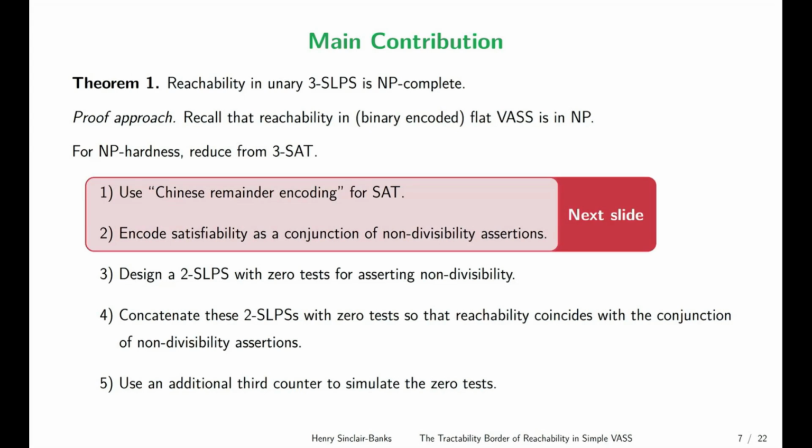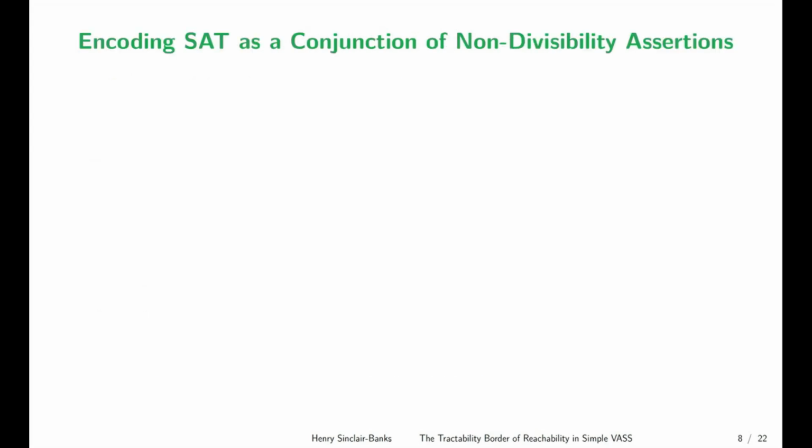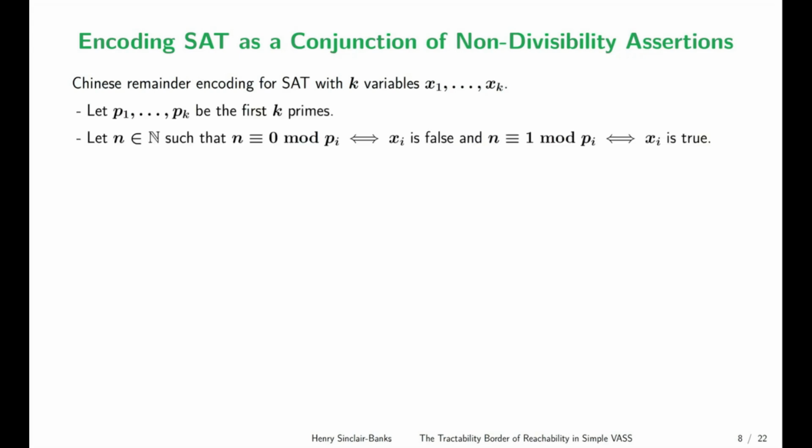This is next. So suppose I want to encode SAT as a conjunction of non-divisibility assertions. What gives? Let's have k variables in our SAT instance. I will now imagine having the first k primes, p1 through pk, and I'm going to choose the following encoding. I'm going to find a natural number n such that n is congruent to 0 mod the ith prime if and only if I want xi to be false, and I'm congruent to 1 mod the ith prime if and only if xi is true.